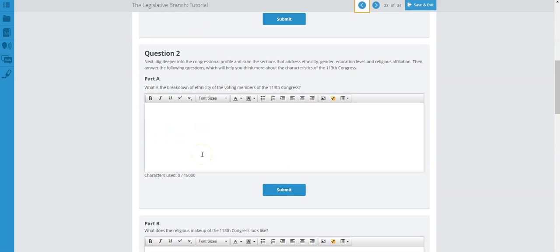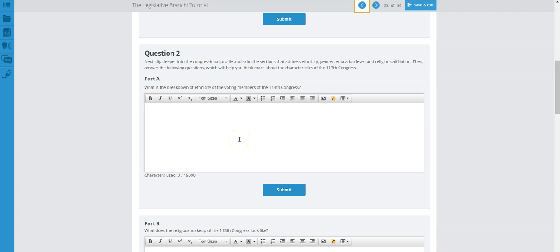Question number 2. Next, dig deeper into the congressional profile and skim the sections that address ethnicity, gender, educational level, and religious affiliation. Then answer the following questions, which will help you think more about the characteristics of the 113th Congress. Part A, what is the breakdown of ethnicity of the voting members of the 113th Congress?